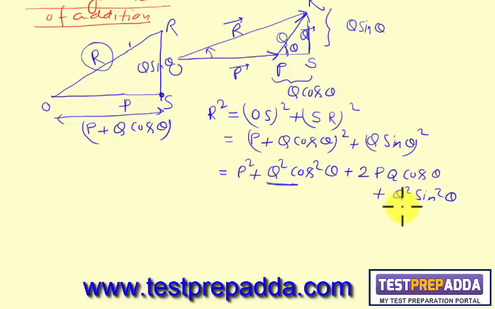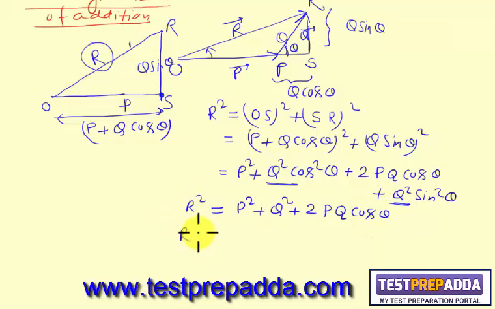Now here if I take Q square common, then cos square theta plus sin square theta will become 1, and we get P square plus Q square plus 2 PQ cos theta. This is R square. So what will be R?